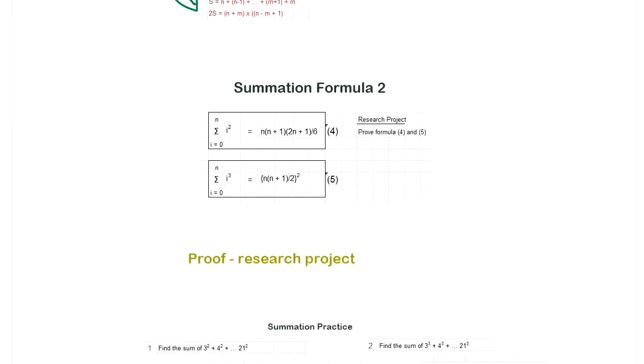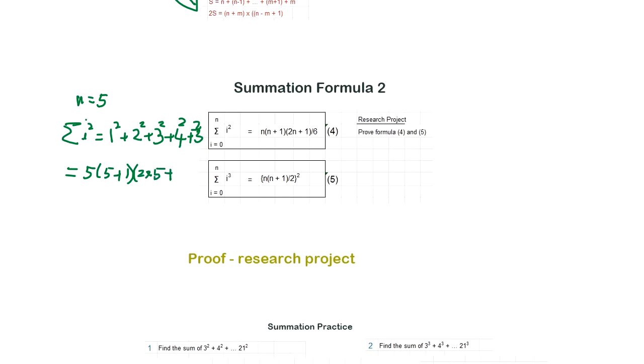A little bit more complicated case, i square. If n is 5, that means the sum of i square gives you 1 square plus 2 square plus 3 square plus 4 square plus 5 square, and that is given by 5 times 5 plus 1, times 2 times 5 plus 1, over 6.